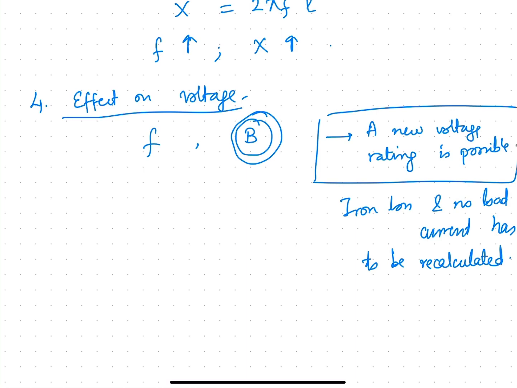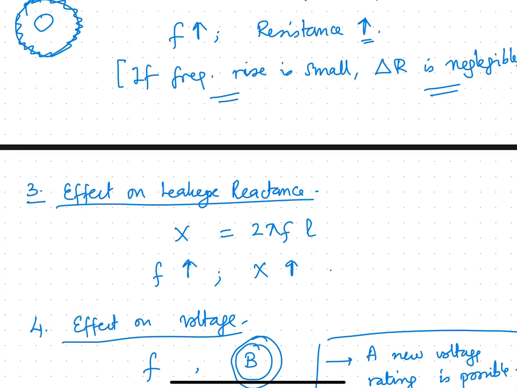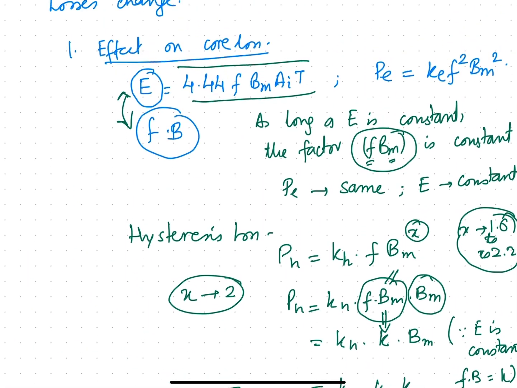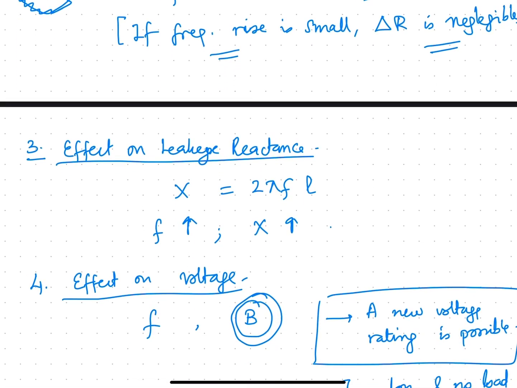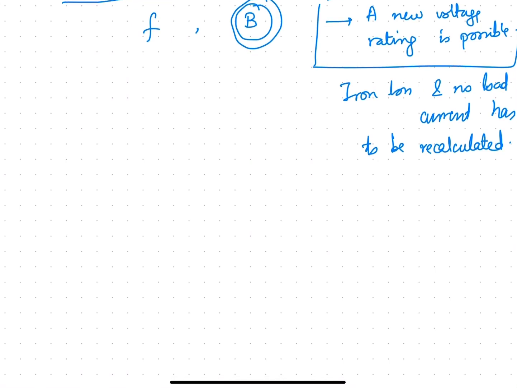So this is a brief overview of the effect of frequency on the different types of losses and different transformer parameters. I hope this is clear.